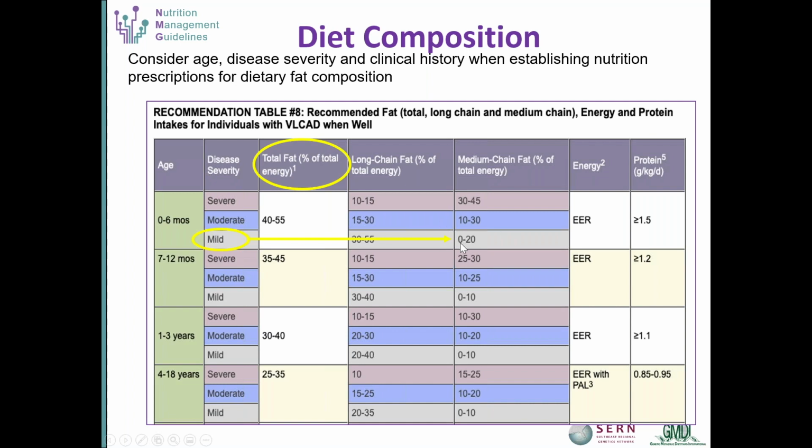So we might leave that out or add in a small amount. With more severe phenotypes, such as moderate or severe, the amount of long chain fat is restricted. Those with the severe phenotype is 10 to 15% of total energy.